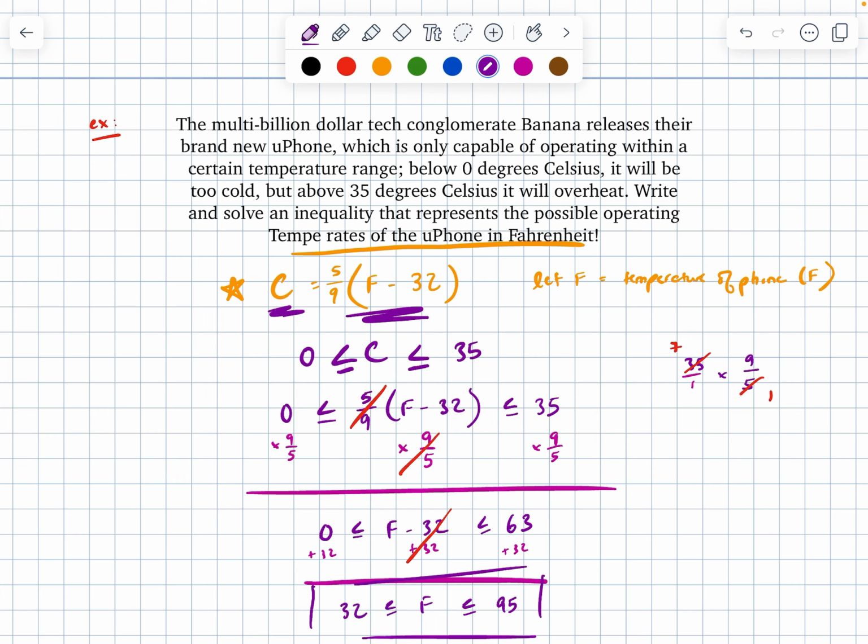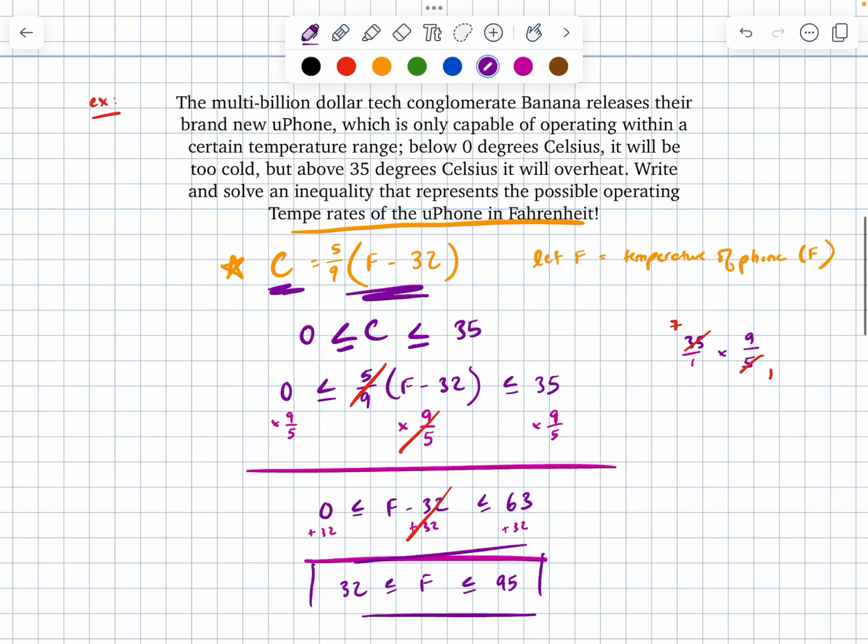So our solved compound inequality tells us that our temperature in Fahrenheit must be between 32 degrees Fahrenheit and 95 degrees Fahrenheit. Again, if you want to write this as a complete sentence, be my guest. As long as you include your units, you're good.